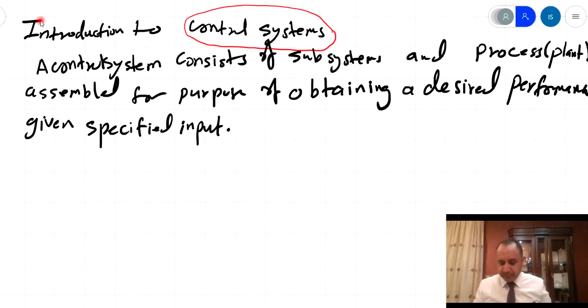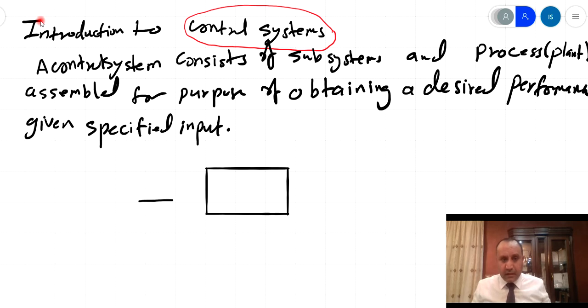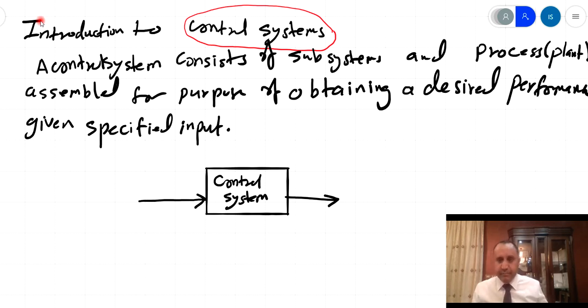So simply here I can plot a box, and input, output to this box, and I can say that this is the control system. Any control system has input and output. It can be single input, it can be multi inputs.